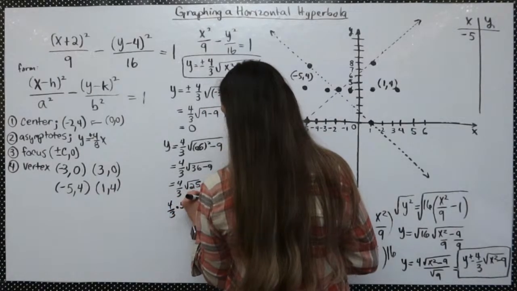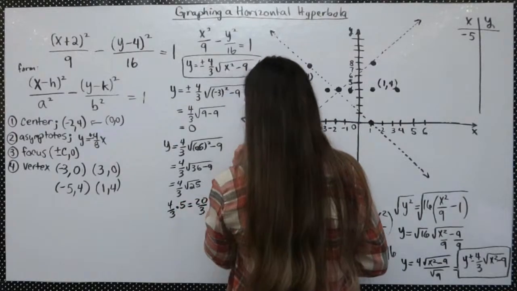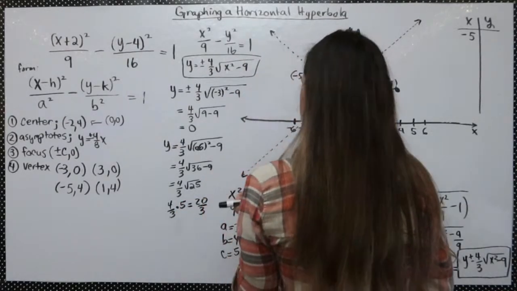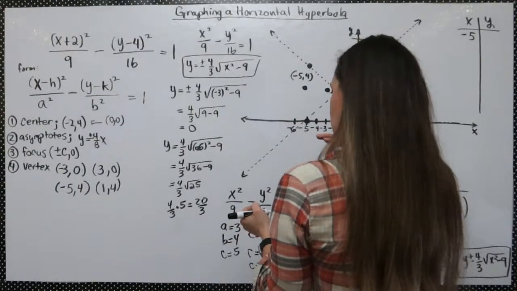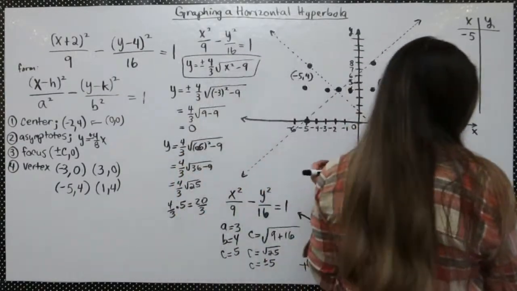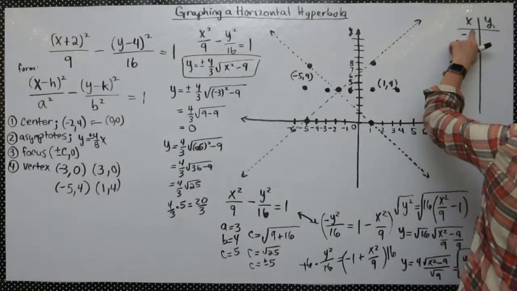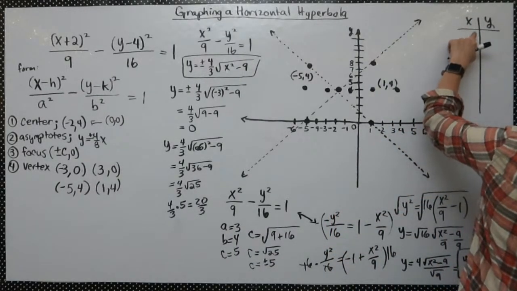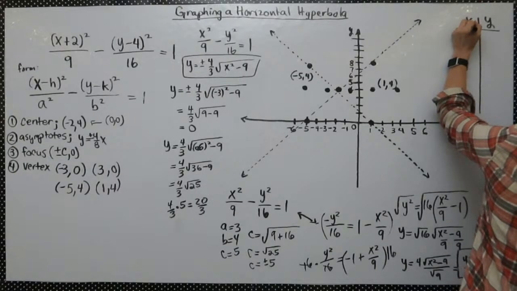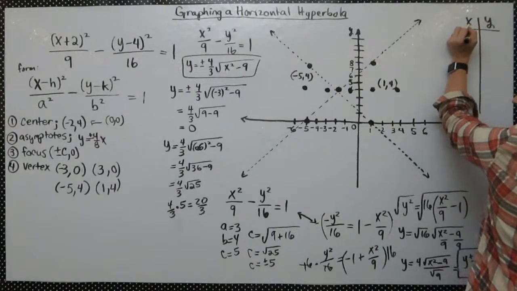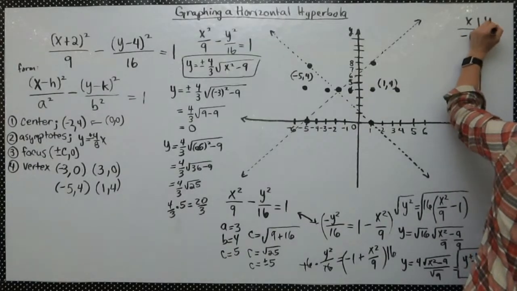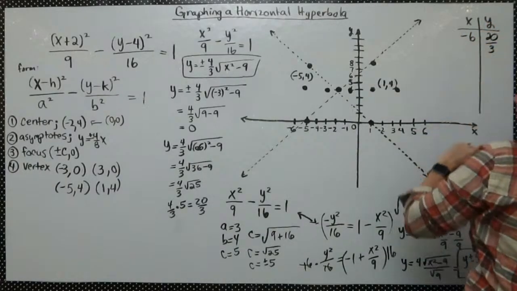What is that? 20 divided by 3. So we've got -6 is 20 divided by 3.